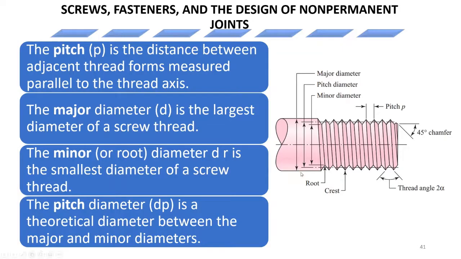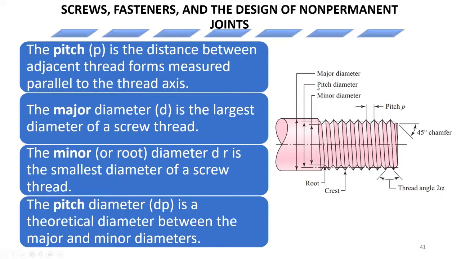Then we also have the minor diameter, which is denoted by the letter d_r. That minor diameter, which is also known as the root diameter, is the smallest diameter of the screw thread. So the distance from that point to that point is the minor diameter.